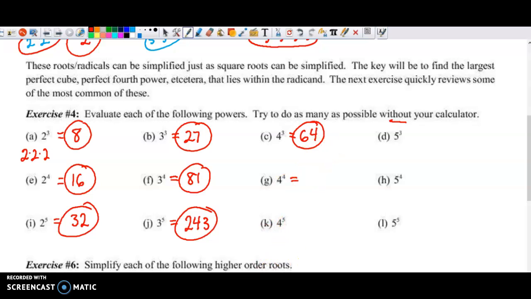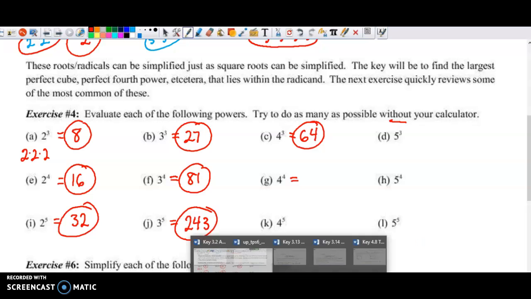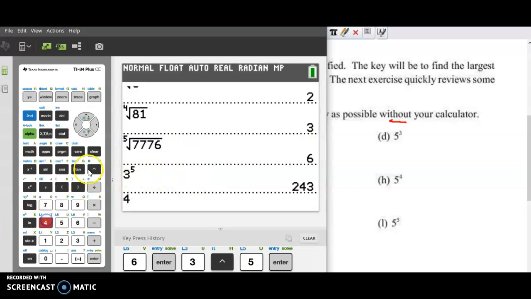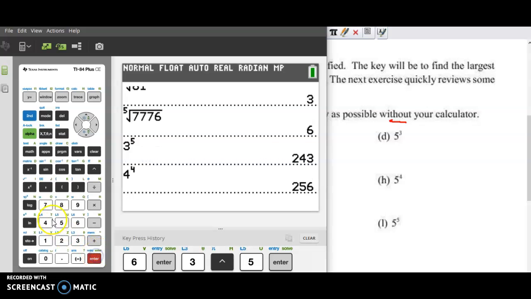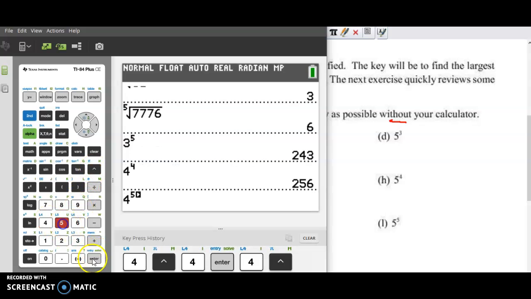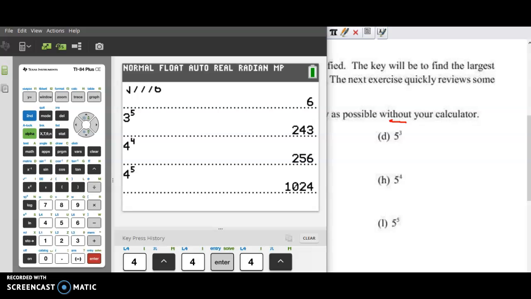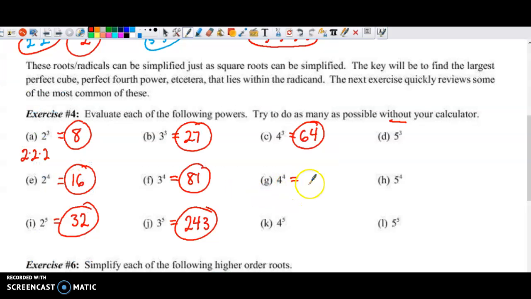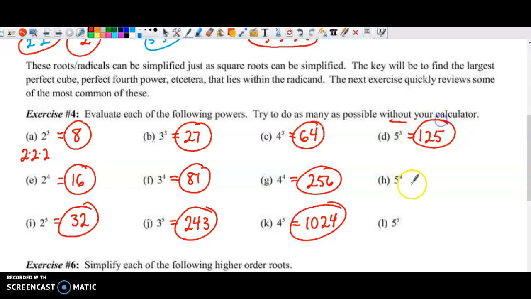But this is where I would trail off because I wouldn't think much about, looking at the wrong one, there we go, 4 to the 4th power. And while I'm at it, 4 to the 5th power. So 256 and 1024. And again, you're probably going to hear me know a few of these, like 125, 625, but then I'm going to trail off for the next one.